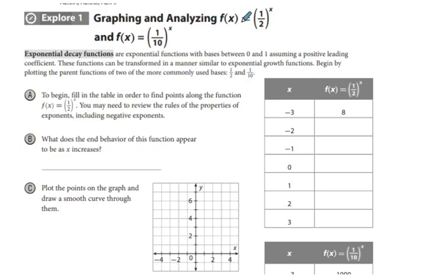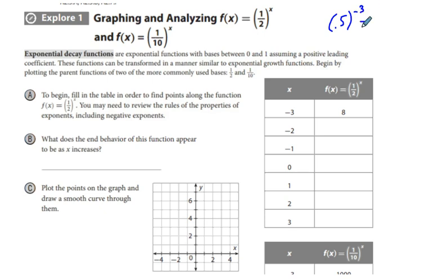Explore 1, graphing and analyzing f of x equals 1/2 to the power of x. We're going to examine f of x equals 1/2 to the power of x first. If we plug in -3 to this function, we have 1/2, which is 0.5, to the power of -3.